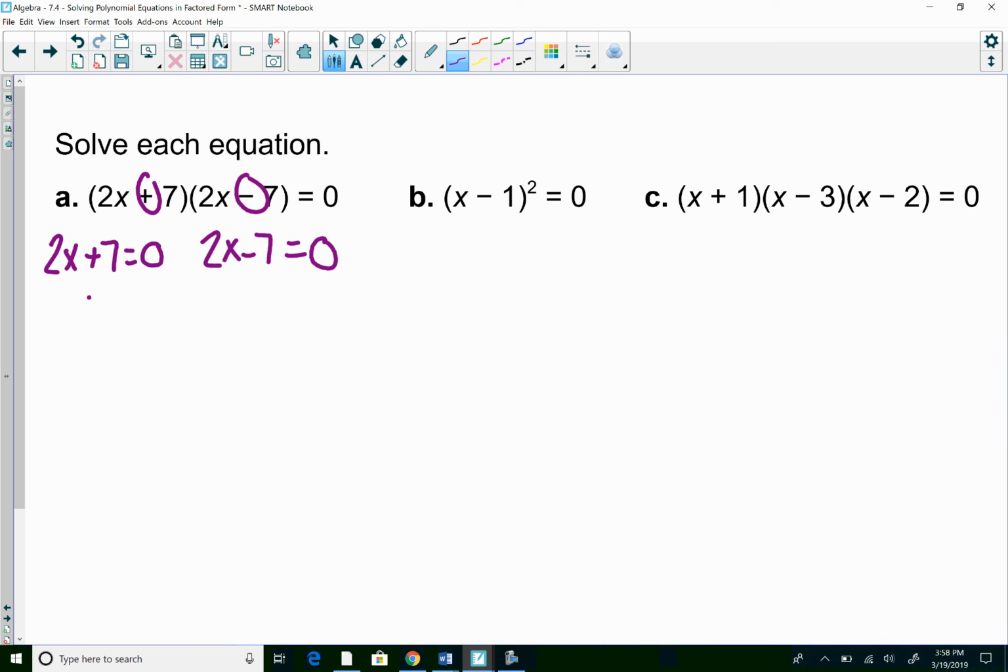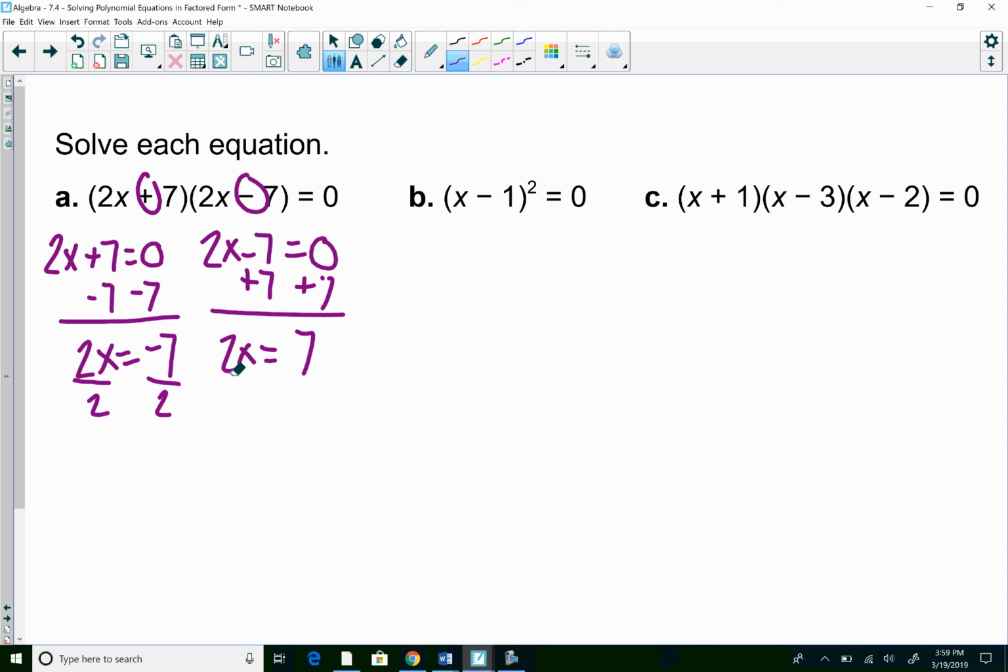They're going to go quick because you guys are masterminds and super, super fast at this stuff. So 2x equals, that's not 2, it should be negative 7. If I add 7 here, now you've got 2x equals positive 7. For both of these, go ahead and divide by 2.